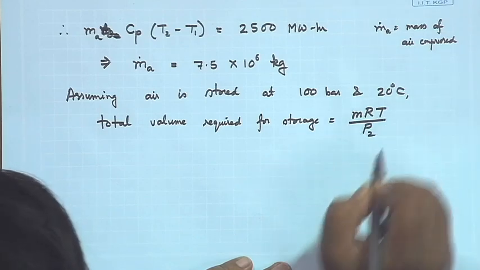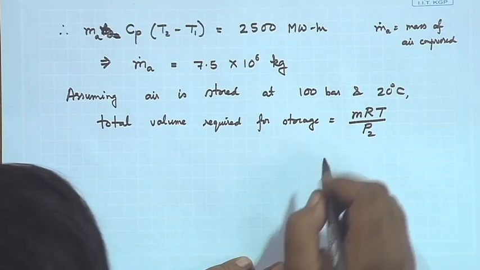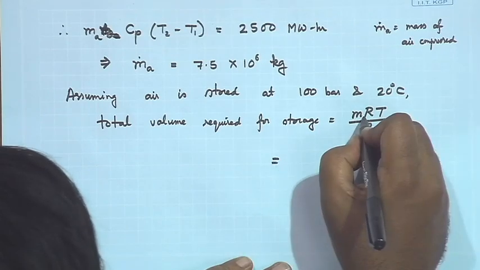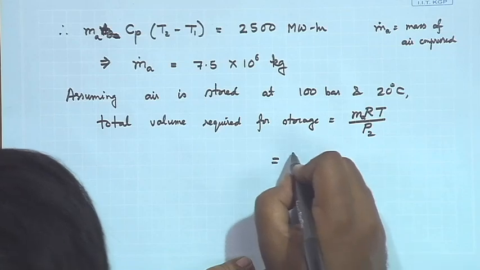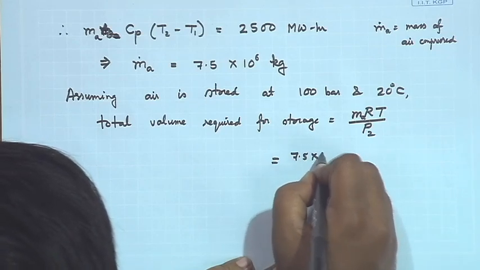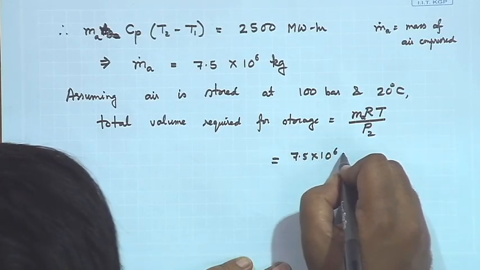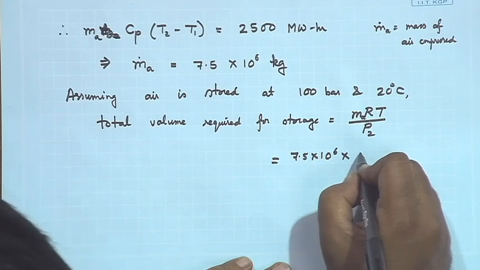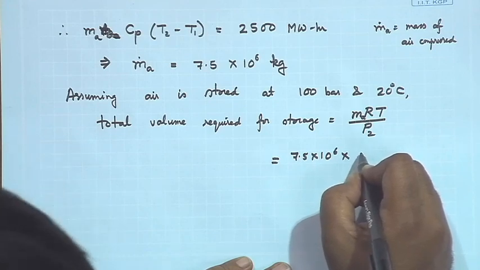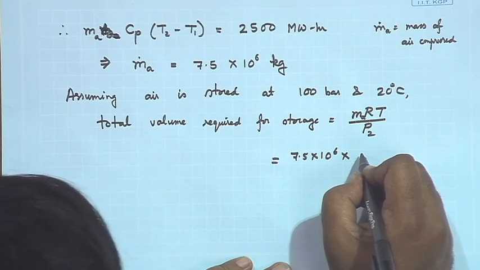P is P2, m R T. So, what did we have? 7.5 times 10 to the power 6 times R, it is given already, 0.28475 kilojoules per kg, clear.